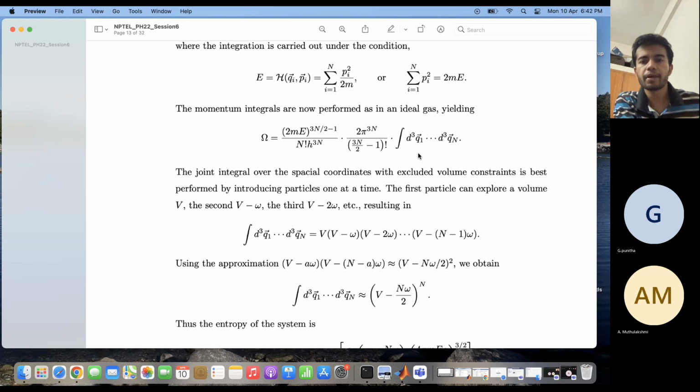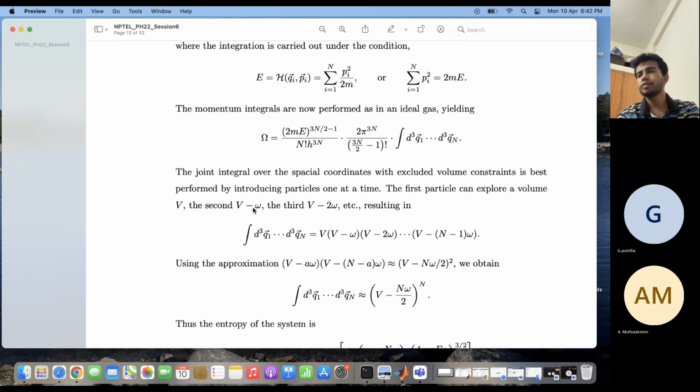How do we do this integral? We do it one by one. First we integrate over q1, then over q2, and so on. Suppose we integrate over q1 first. That means the q1 particle can explore the entire volume of the box, that is V. Now I integrate over the second particle. The second particle will explore only the volume of the total box minus the volume of the first particle, so it will explore a volume given by V minus omega.